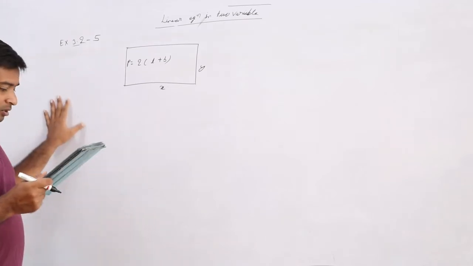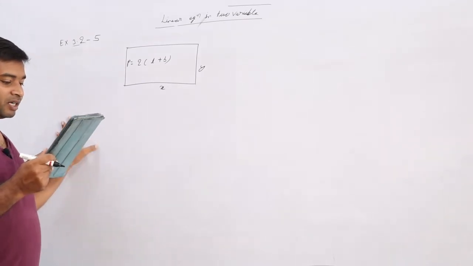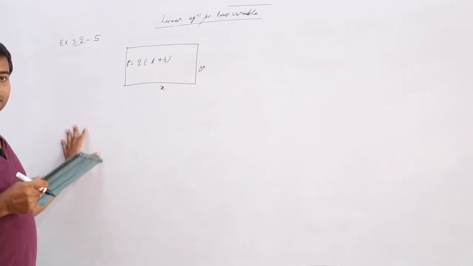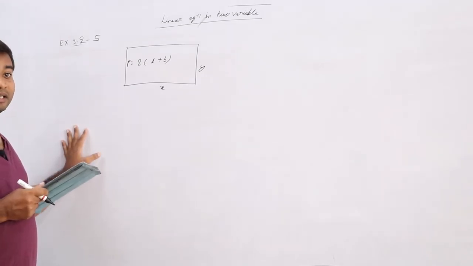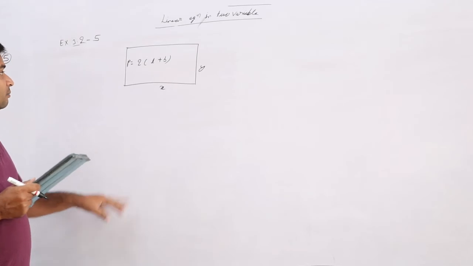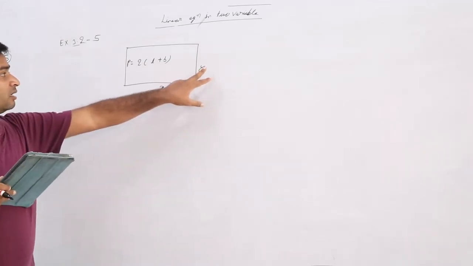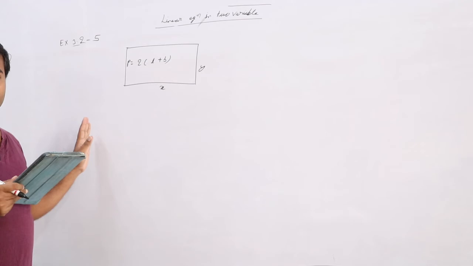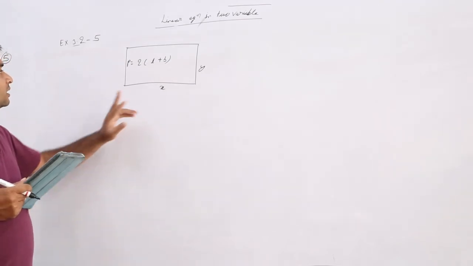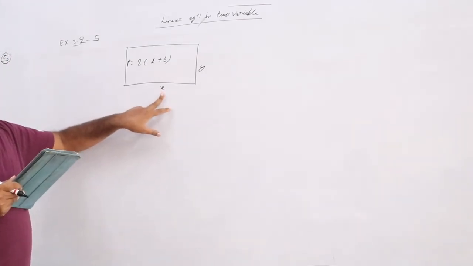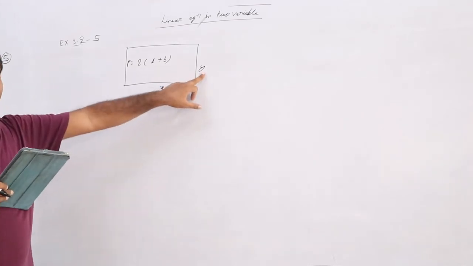Acha. Now come to the question. Half the perimeter of a rectangular garden whose length is 4 meter more than its width. Length is 4 meter more than its width. That is, if length is 4 meter more, right? So assume length is x, breadth is y.